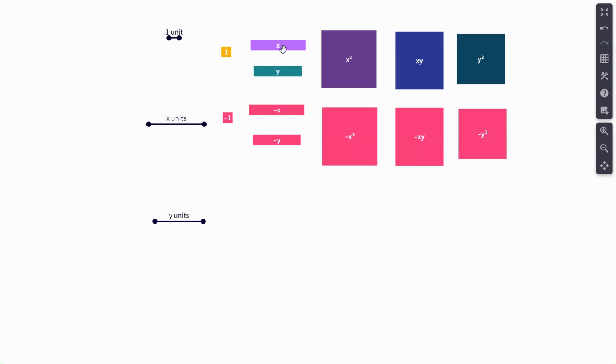The next thing we need to know is that we can take these tiles and combine them together. Let's make some copies. So we have 1 and an X, and if we just combine them together, we get X plus 1.